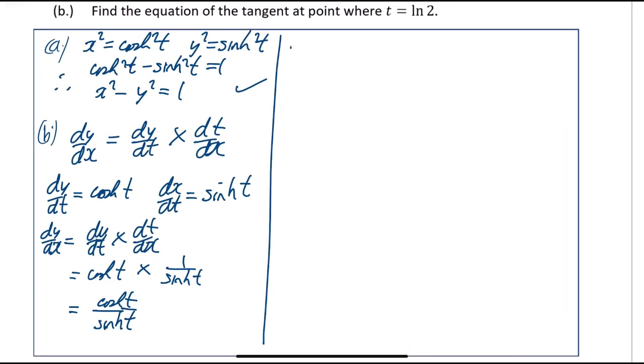Right, when t is equal to ln of 2, we need to find the x values and the y values.